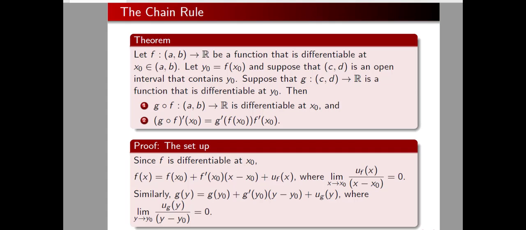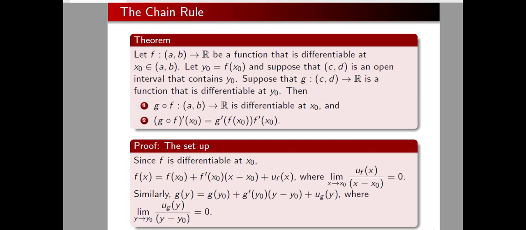Suppose that g is a function from (c,d) to R that is differentiable at the point y naught. Then g composition f from (a,b) to R is differentiable at x naught, and (g composition f) prime of x naught is equal to g prime of f of x naught times f prime of x naught.